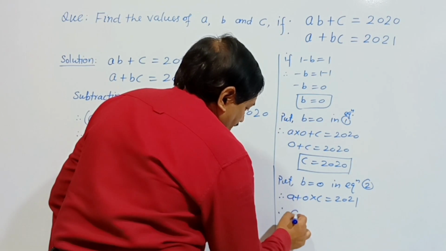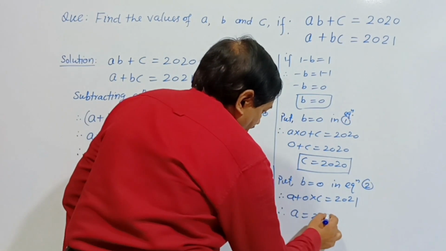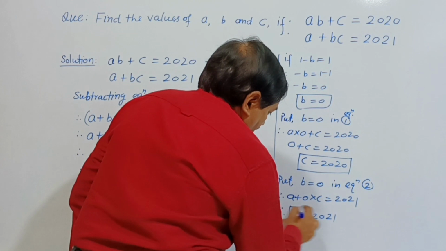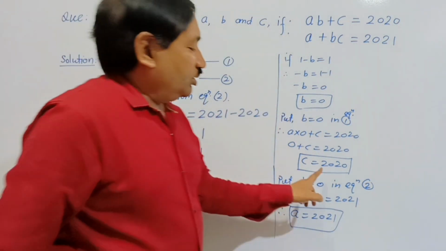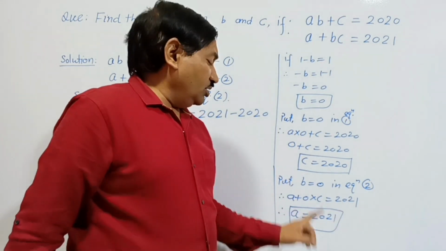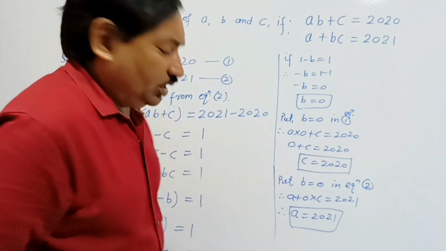Therefore A equals 2021. So in this case B is 0, C equals 2020 and A equals 2021.